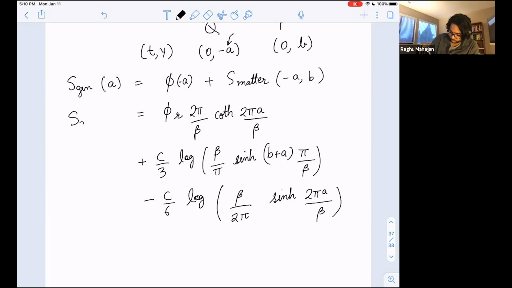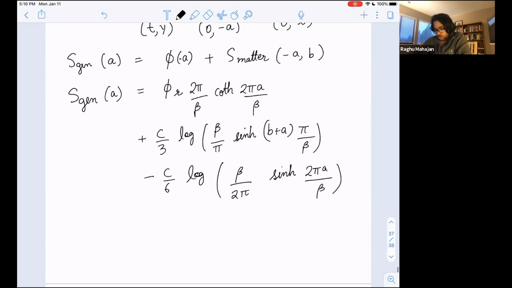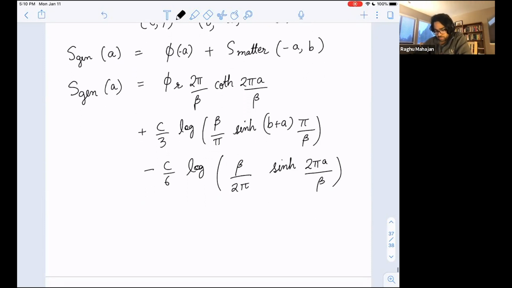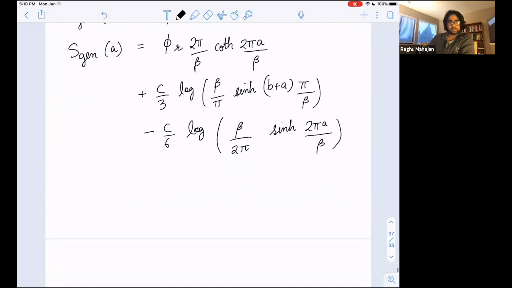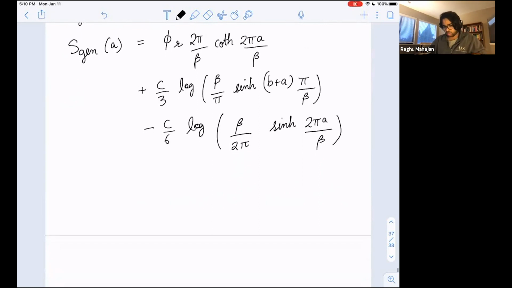Okay, so that's it. We have written down our generalized entropy functional as a function of A. And all we need to do now is take a derivative with respect to A and set it to 0. I will spare you the algebra. It's pretty simple. But let me write down the final equation that you get in a nice way.